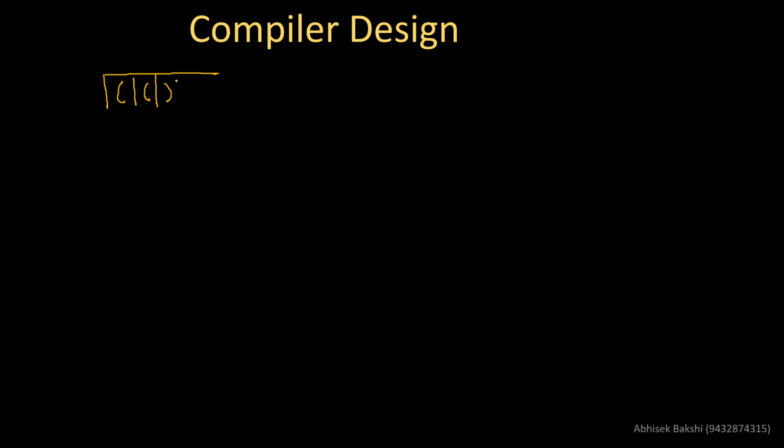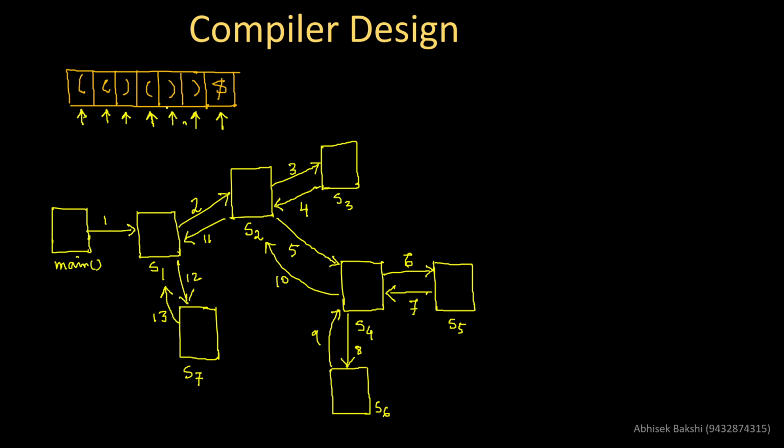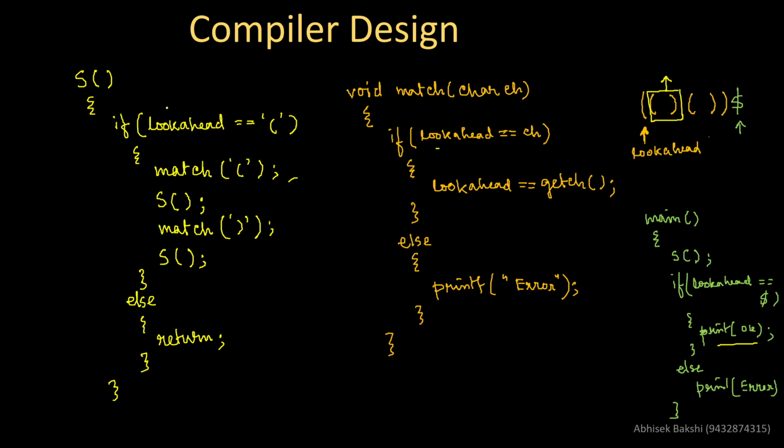That's all, and obviously ended with a dollar. So initially your lookahead will point over here, right? This is not a balanced parenthesis, so if this programming is correct, the recursive descent parser should raise an error. Now let's see whether it will raise an error or not.